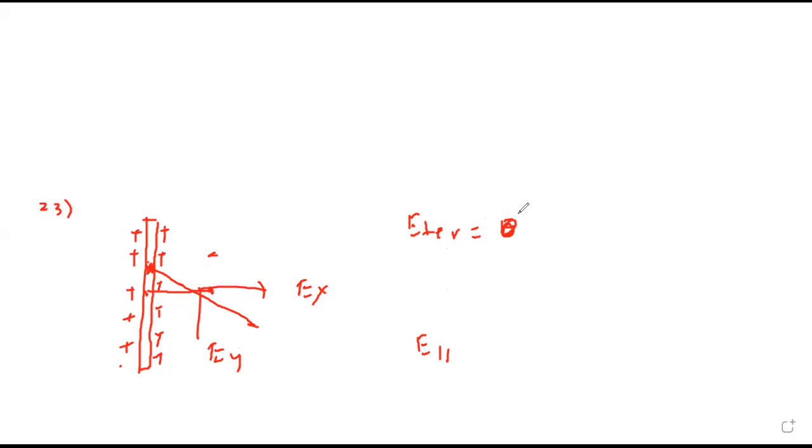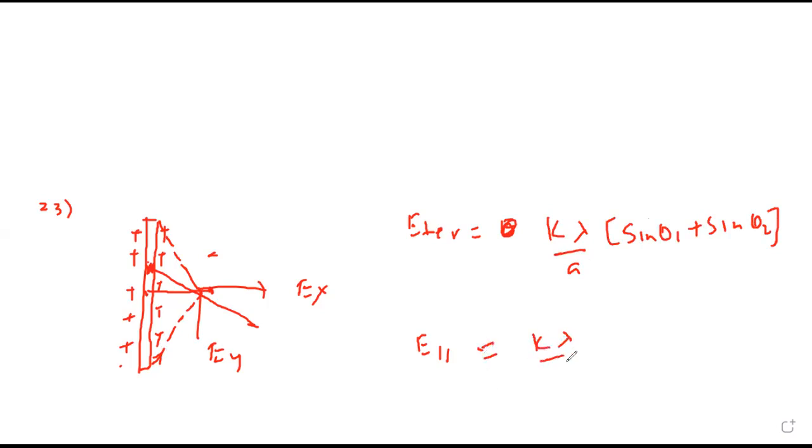E perpendicular for a finite conductor is k lambda by perpendicular distance a into sine of theta 1 plus sine theta 2, somewhat similar to our magnetic field near a finite conductor.